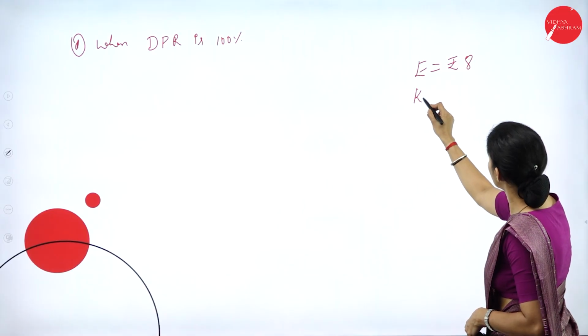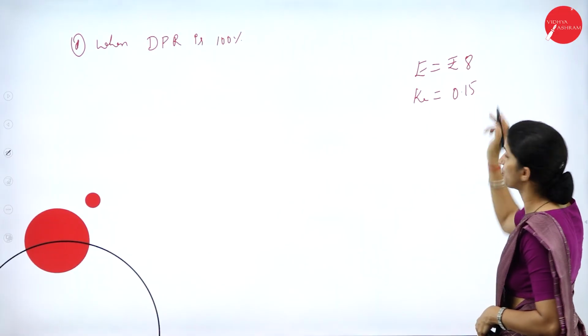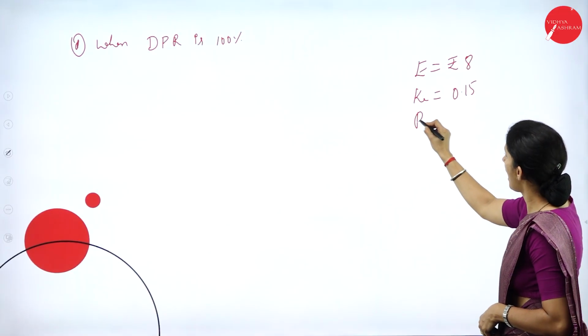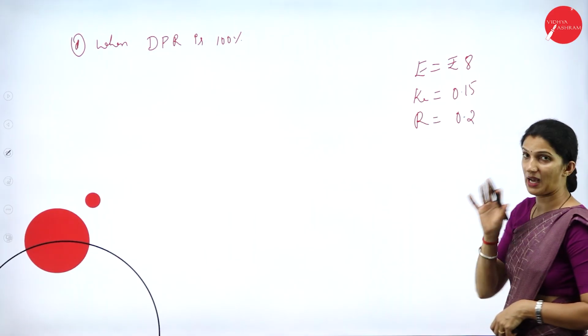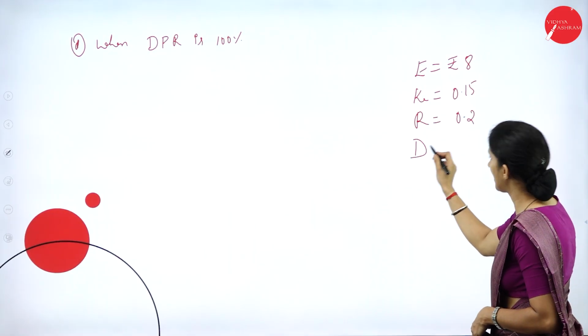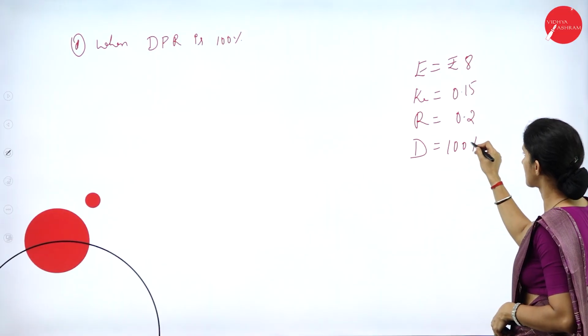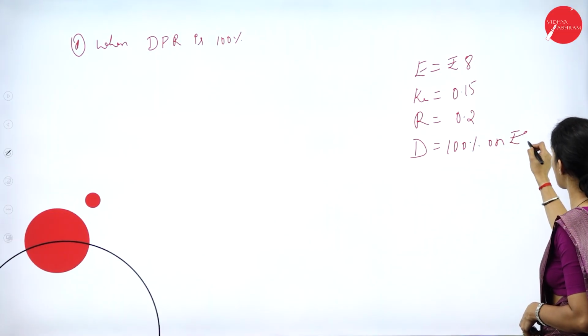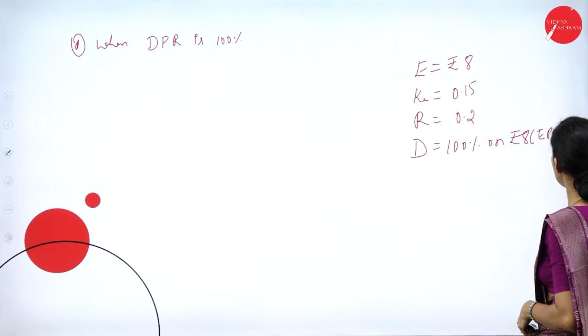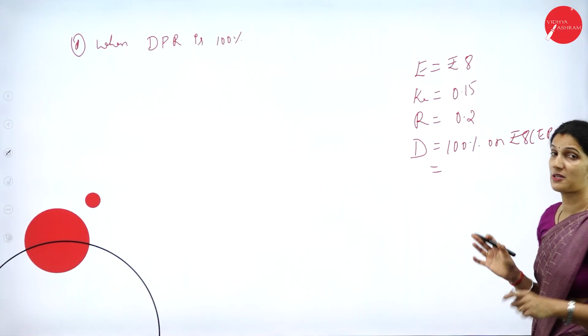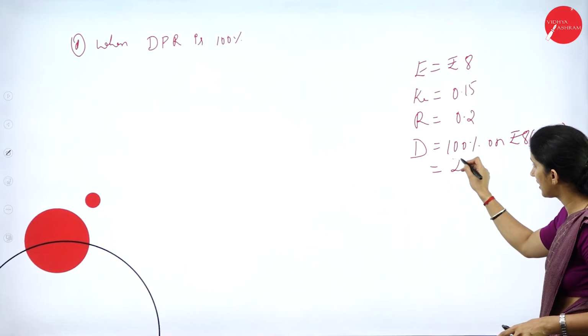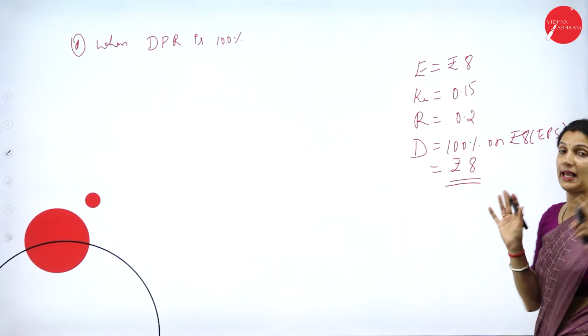Then your KE will be same, which is 0.15. Then your R will be same, 0.2 as it is. But your D will be 100% on rupees 8, which is EPS. So 100% on 8 means your D will be exactly 8 rupees.